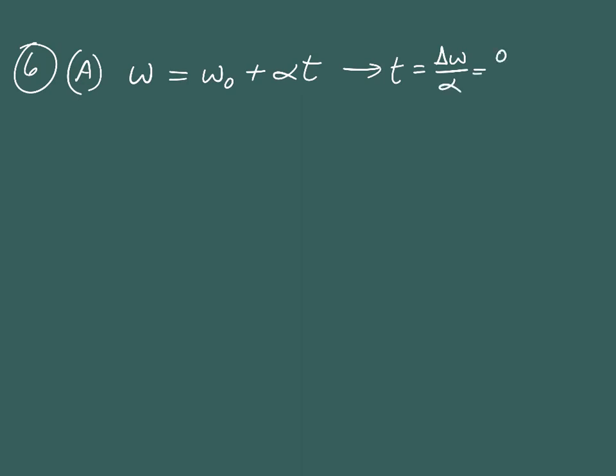We have a final speed of 0 minus the 32 that it starts at over a negative acceleration because it's slowing it down. So the problem didn't give you negative 0.7, but it told you it's a slowing down rate. Therefore, you have to put the negative on it. And so the time that this takes is going to be 45.7 seconds.